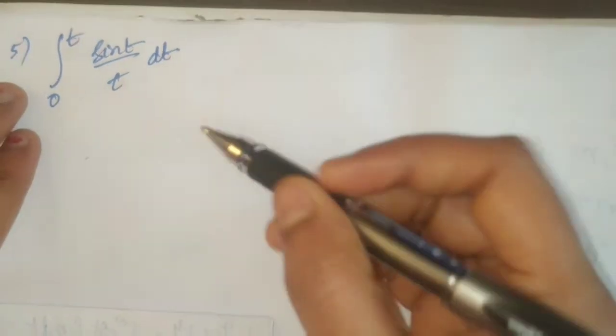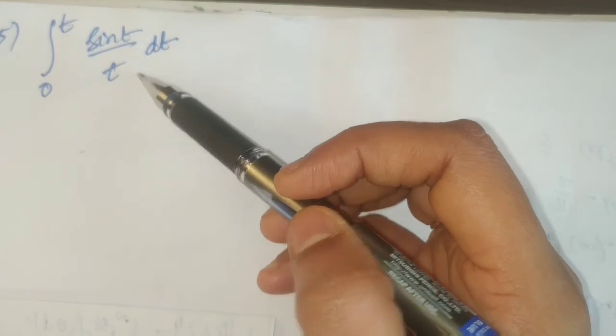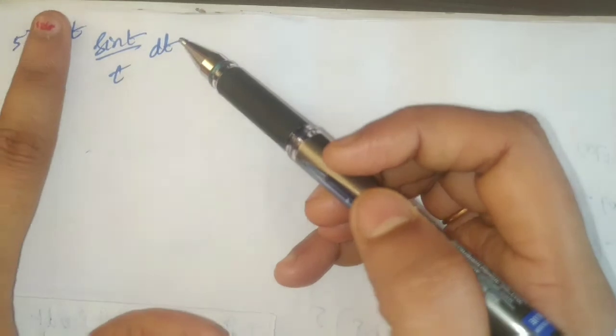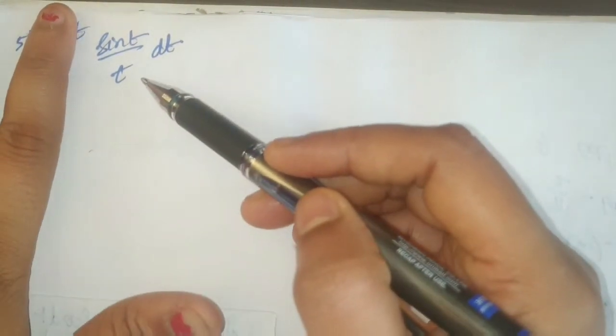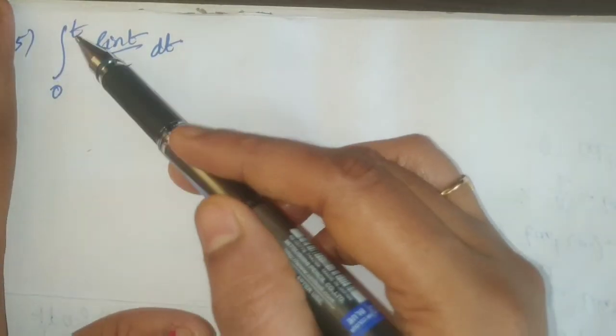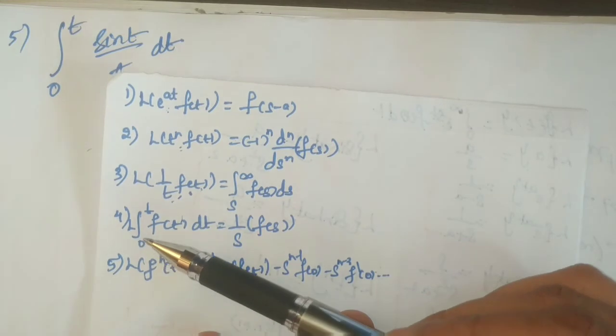So consider this question: integral 0 to t sin t by t into dt. If this integral was not there, this is of the form f of t by t, but you have integration given. Go back to the formula and check.